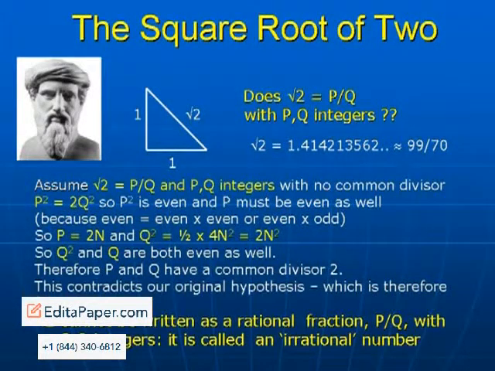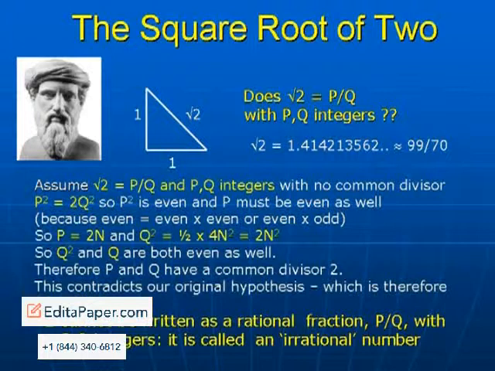So that means that p squared is an even number. It's twice something that's a whole number. Well, that means, bit of thought, that p must be an even number as well. Because the only way that you can get an even number is to multiply an even number by an even number, or an even number by an odd number. So p must be even if p squared is even.